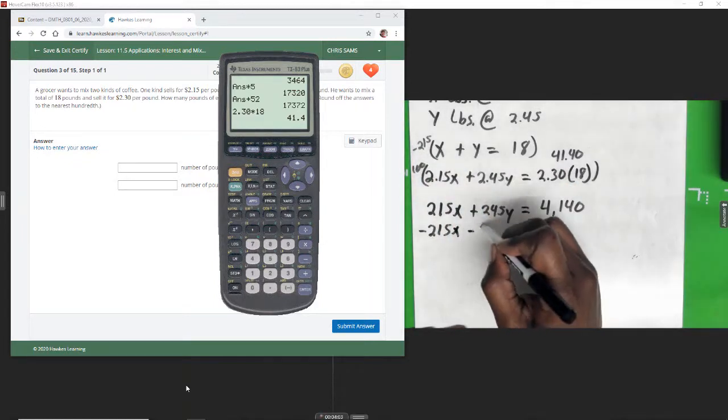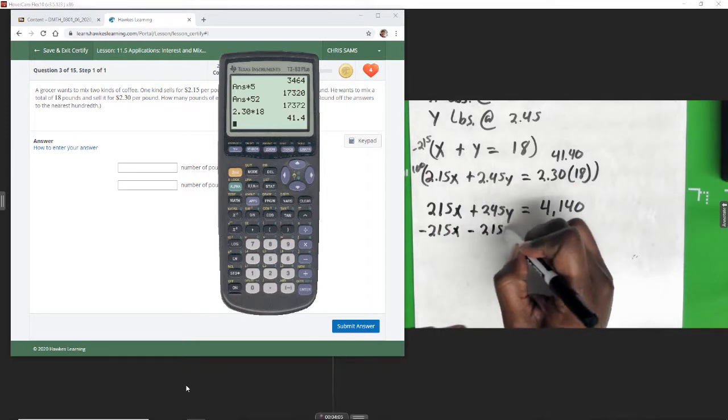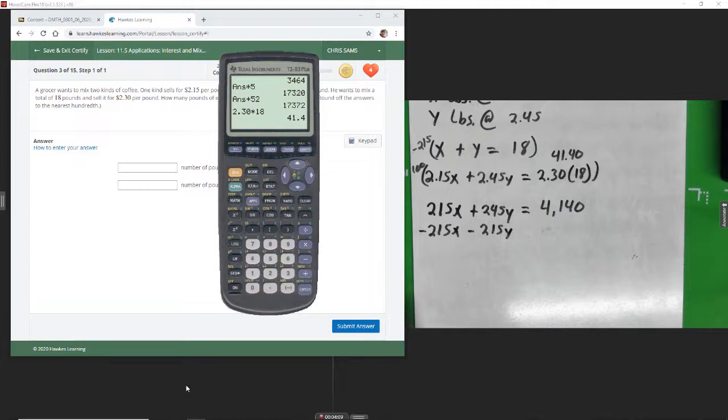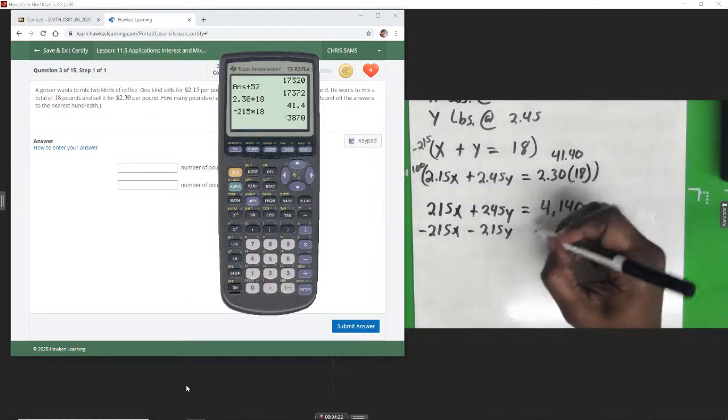Gives me minus 215y. And then negative 215 times 18 gives me a negative 3,870.